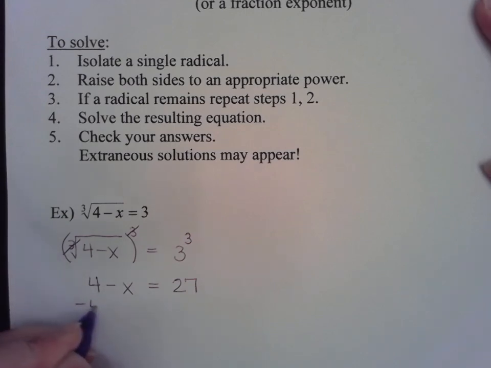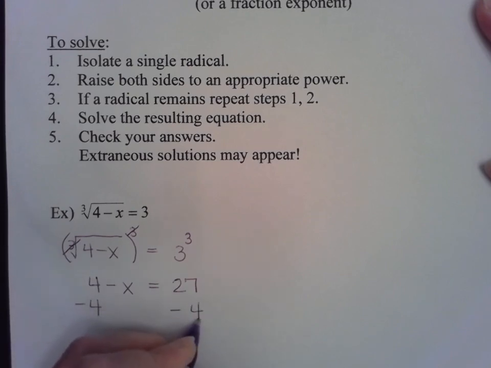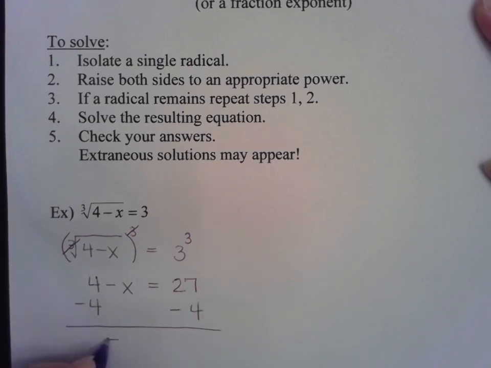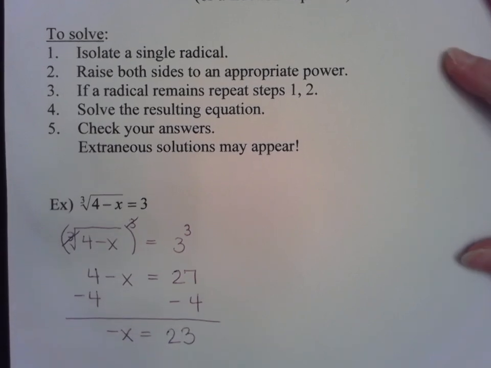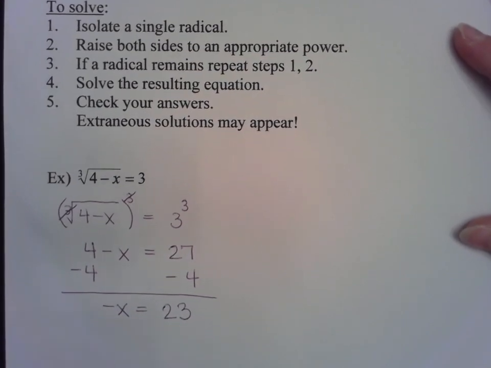So I'll subtract 4 from both sides. This negative x is like a negative 1 times x, so I can divide by negative 1 on both sides.